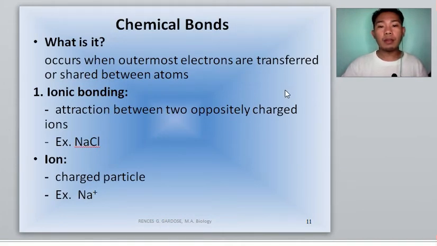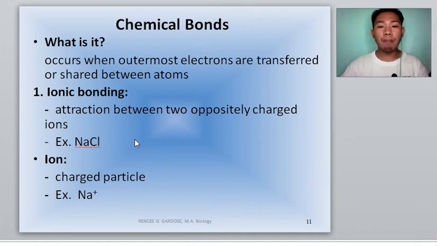How about the chemical bonds? Chemical bonds usually occur when the outermost electrons are transferred or shared between atoms. We have the term ionic bond or ionic bonding. Ionic bonding is the attraction between two oppositely charged ions.